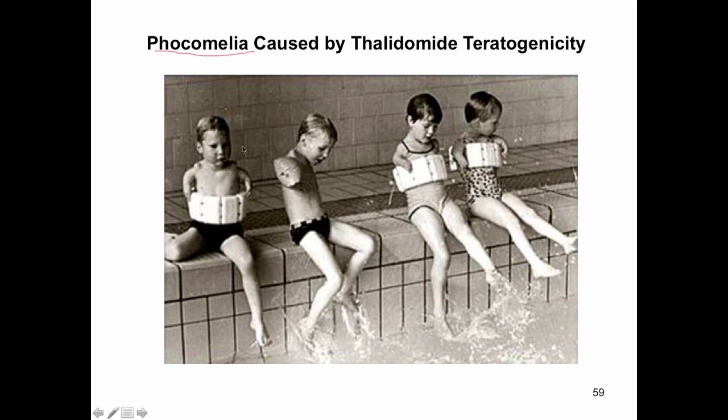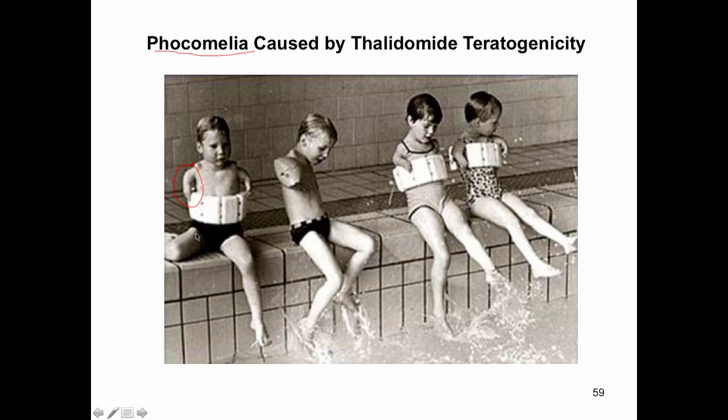And this is a pretty profound birth defect where one or more of the children's limbs would fail to develop. So they would either not develop at all or they would be shrunken or deformed. There were about 15,000 fetuses that were damaged by thalidomide, and this happened throughout the world, not just in the United States.